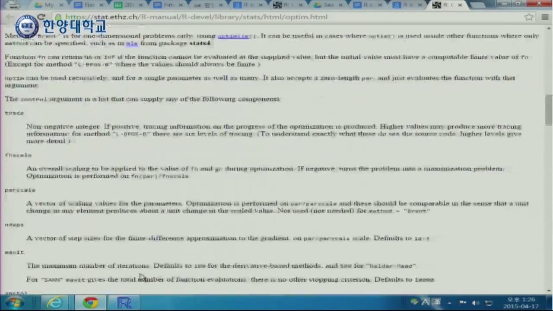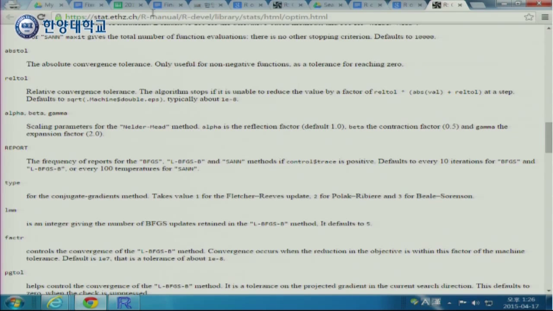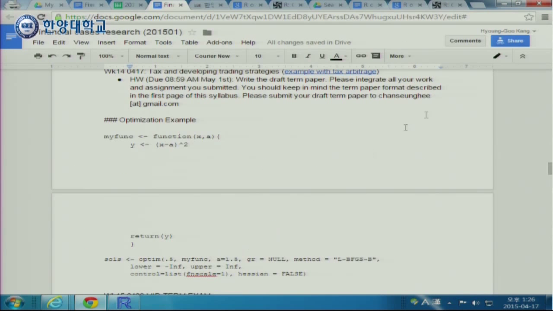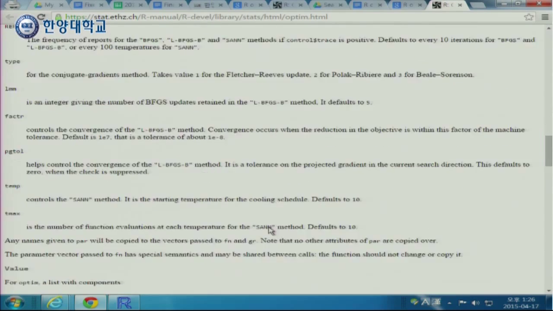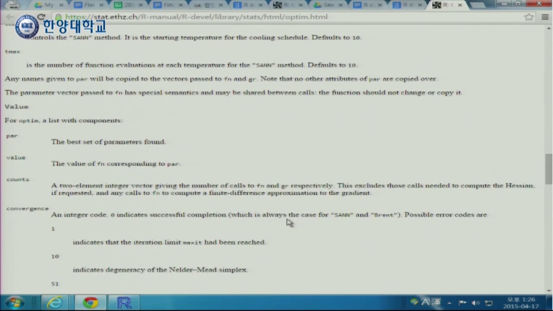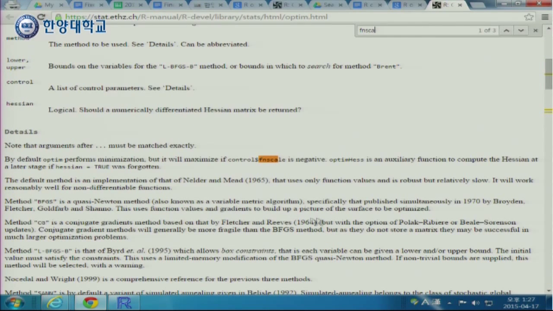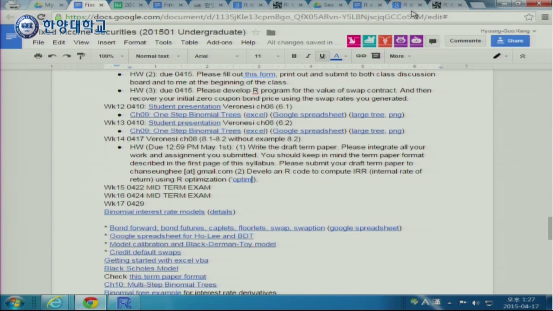Where is the control? Here, control fnscale. If fnscale is negative, then it does maximization. And if it is positive, it does minimization. And in our problem, we want minimization.